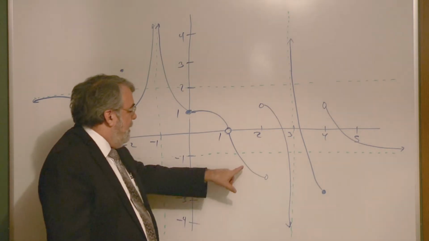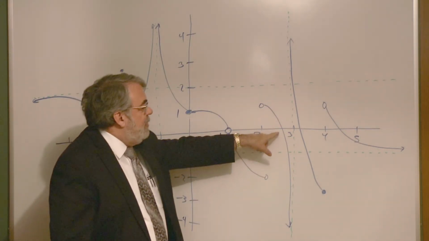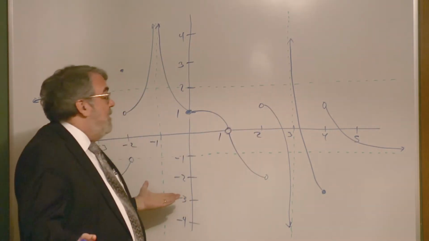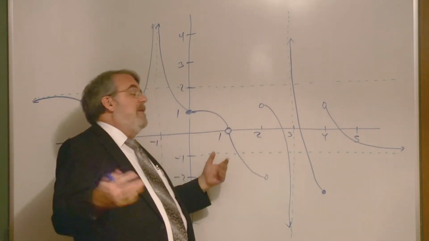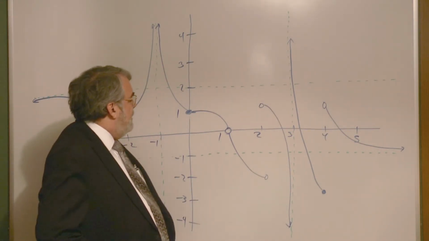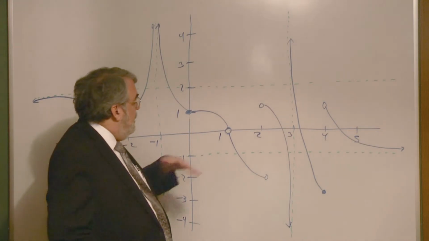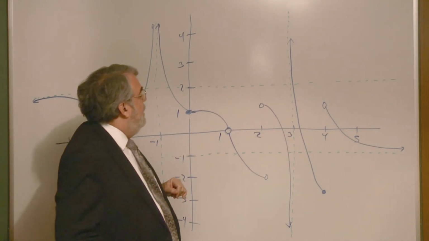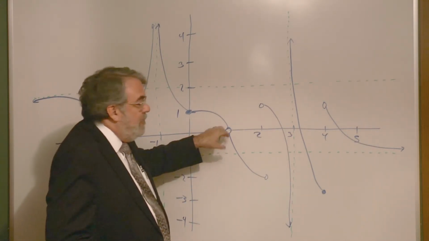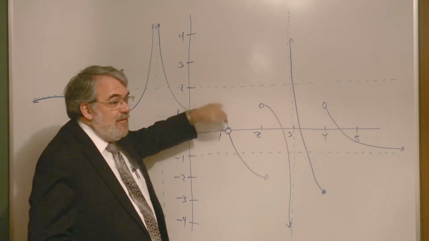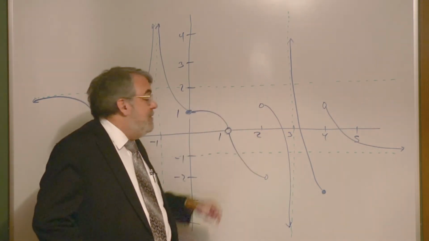Both the left limit exists and the right limit exists, but because they're unequal, the limit does not exist. So it's different from the removable kind of discontinuity. I can't remove the discontinuity and have a continuous function. This is still going to have a gap.